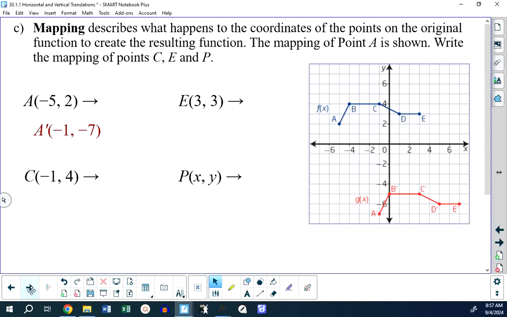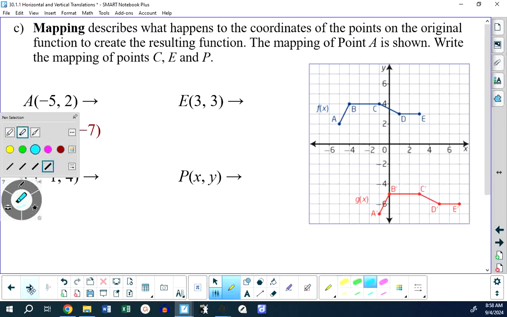You don't really need to look at the graph. Because again, if you shift something 4 to the right, every x coordinate is going to increase by 4. So negative 5 plus 4 would give you negative 1. Because negative 5 is an x coordinate. And you're shifting everything 9 down. And this 2 here is a y coordinate.